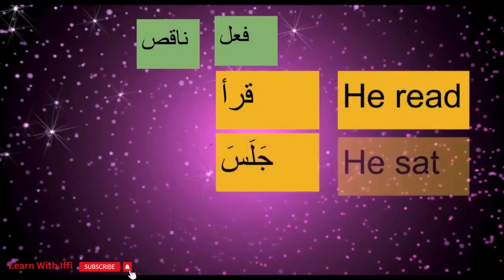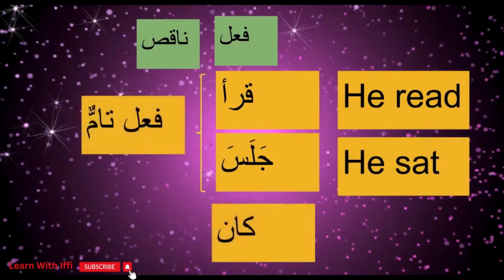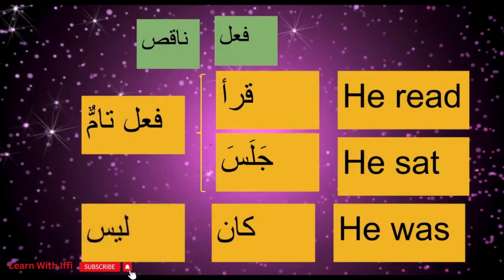Jalasa, he sat, makes sense. These are called fa'il ta'man. But kana means he was, so it doesn't make complete sense, and you need more information. We have done another example before, which is laisa, which means he is not. We need more information to describe this fa'il.